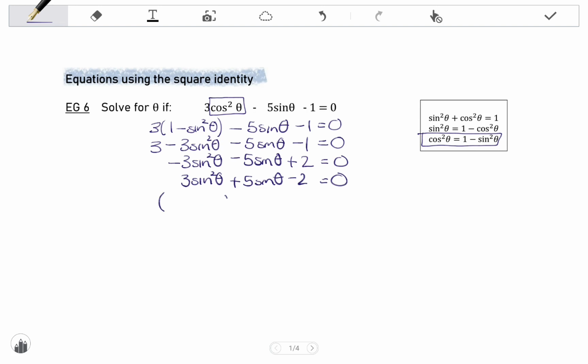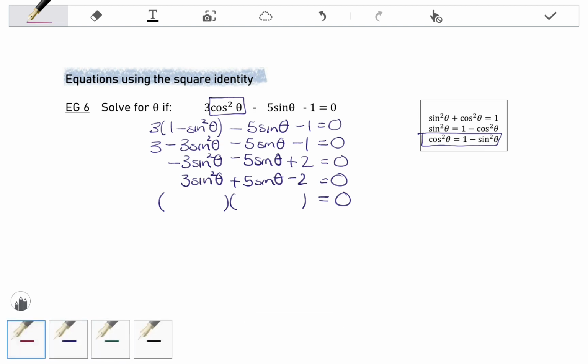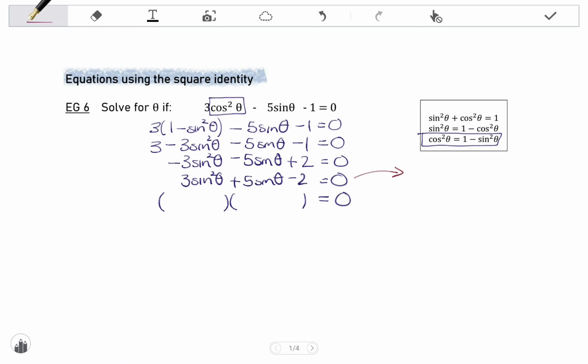Now, you are more than welcome, if you understand how to factorize, to go straight ahead and factorize. If you would struggle to factorize that, convert it into terms of k. So if sin theta is k, then we would have this as 3k² plus 5k minus 2 equals 0.